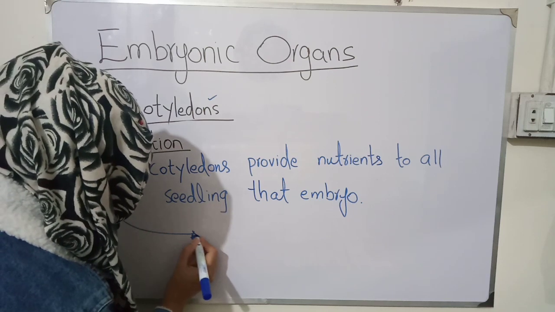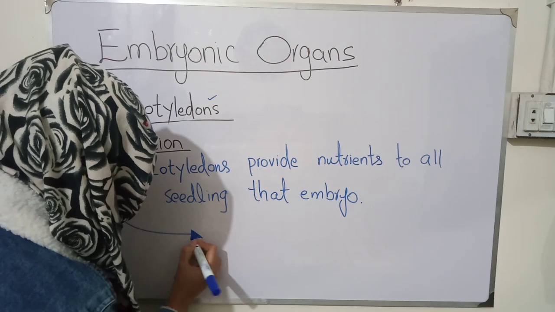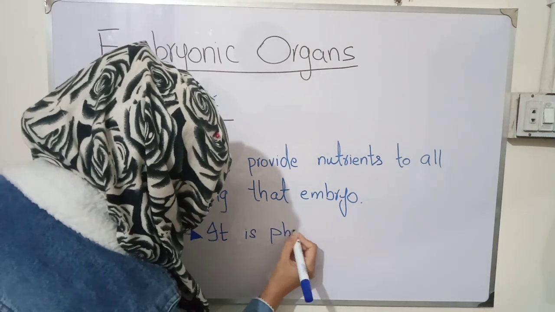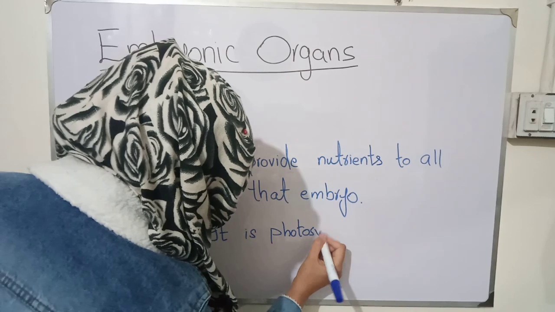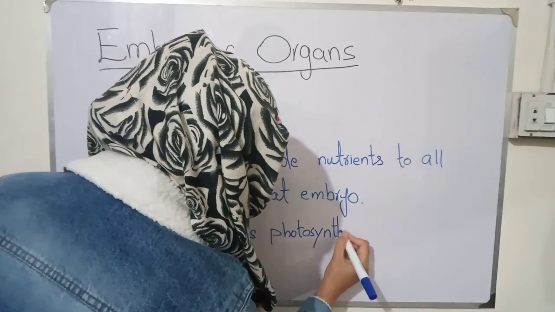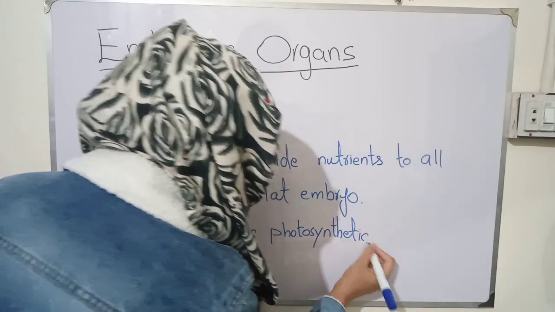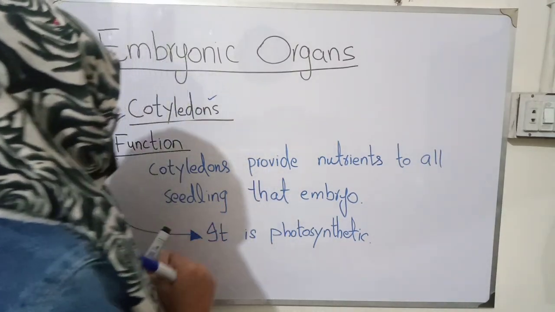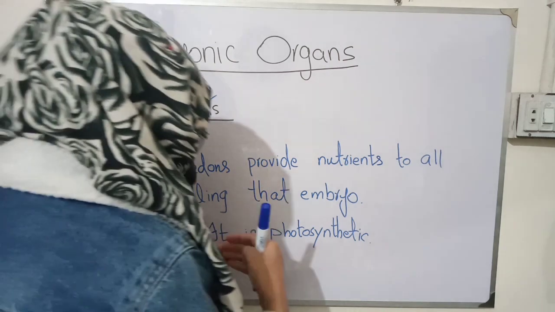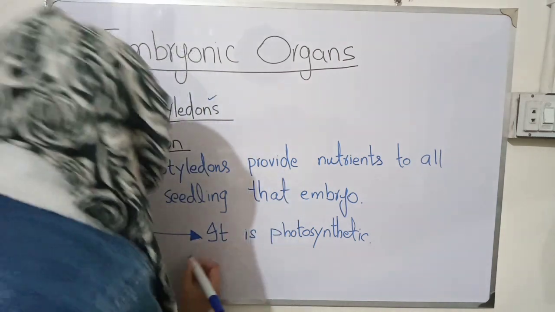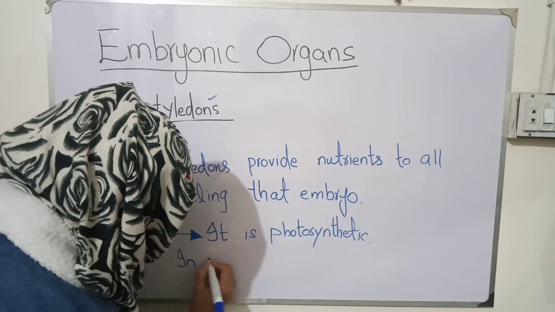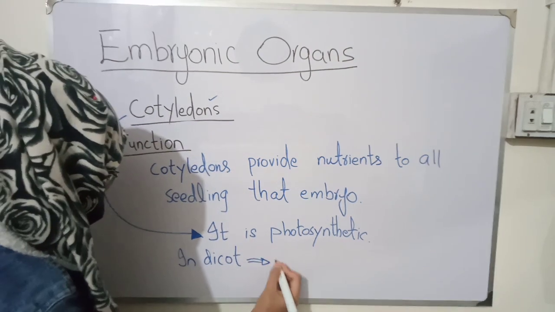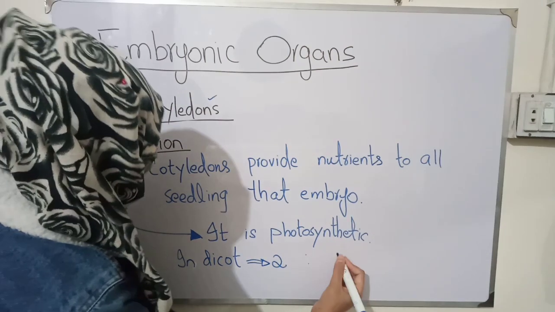It is photosynthetic, and found in all the plants, maybe dicots or monocots, but the exception is that in dicots they are two in number.